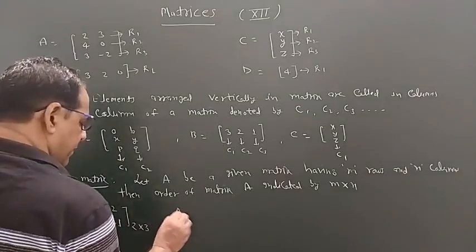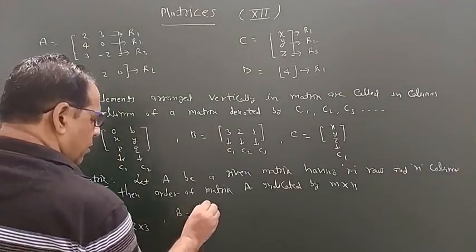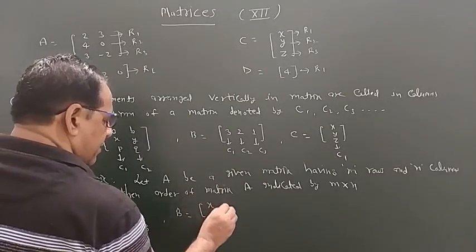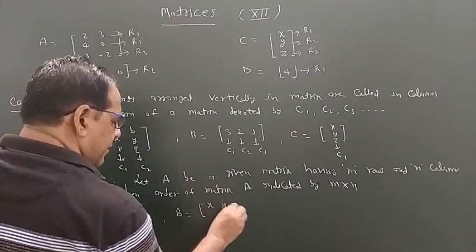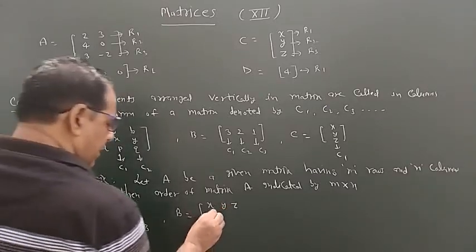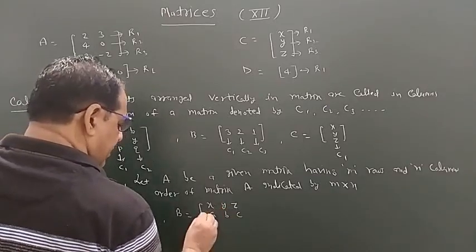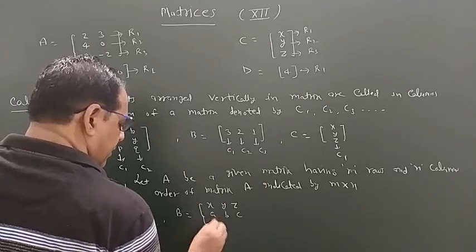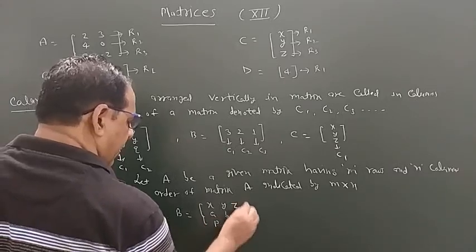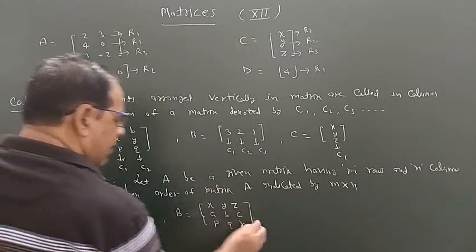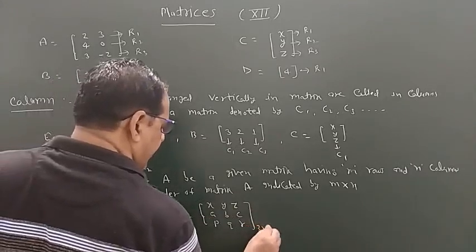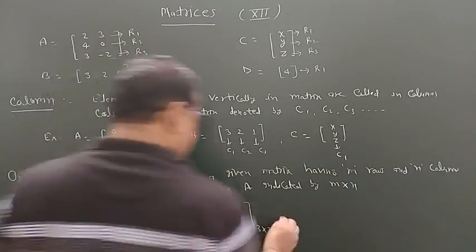For example, B equal to X, Y, Z, A, B, C, P, Q, R. There are 3 rows and 3 columns, so the order is 3 by 3.